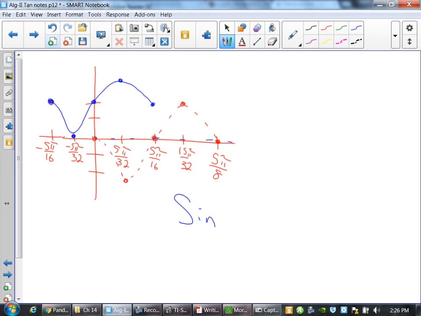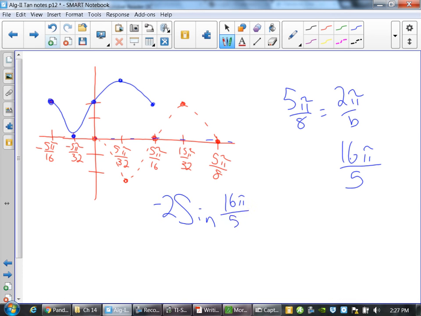Negative 2. I started at 0, I ended at 5 pi over 8, so my period is 5 pi over 8. So 2 pi divided by 5 pi over 8 is 16 fifths, so my B value is 16 over 5.